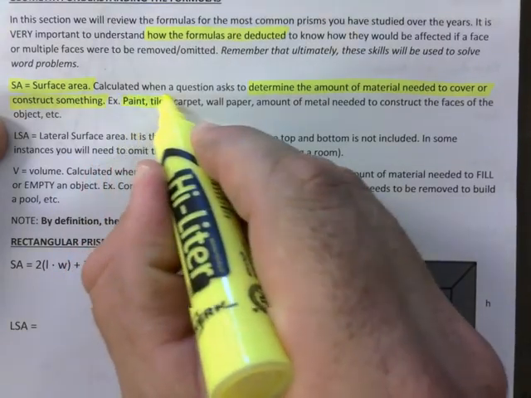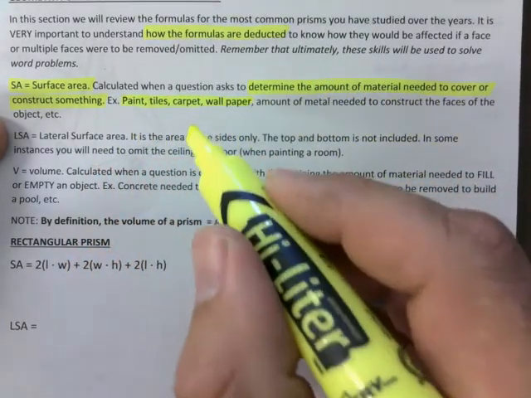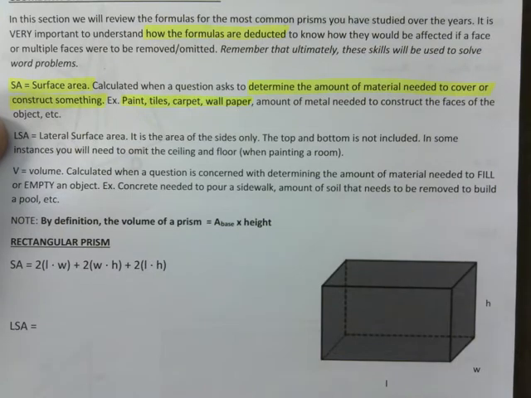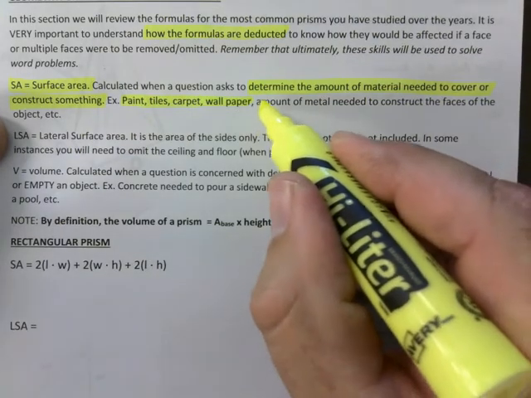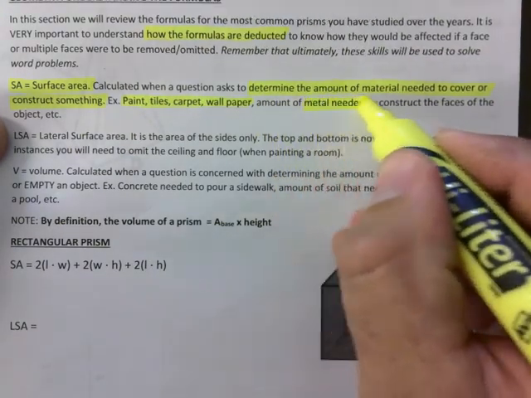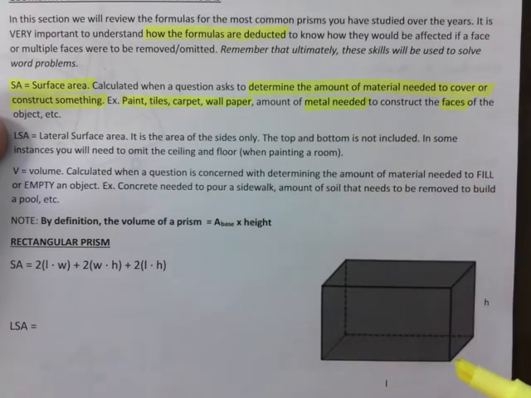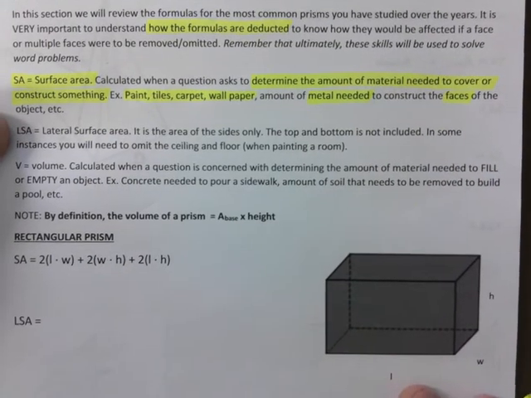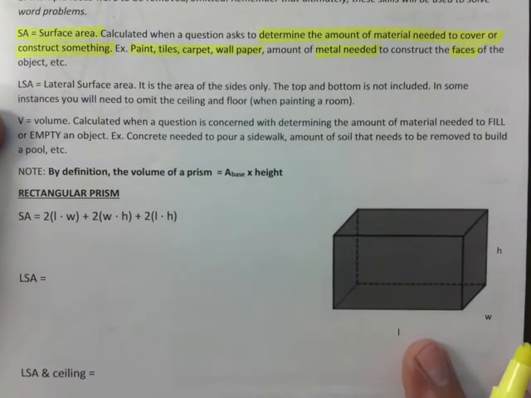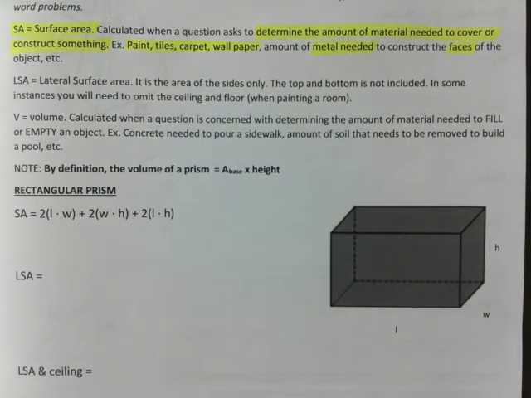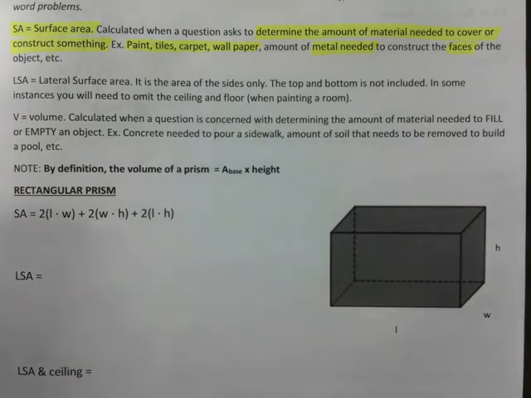So paint, tiles, carpet. You're covering something with carpet. Amount of metal needed to construct the faces and so forth. It's very important that you know that, because down the road, I will ask you to calculate the cost to cover something in carpet, to lay down the carpet. You're going to be like, oh yeah, that's area or surface area.